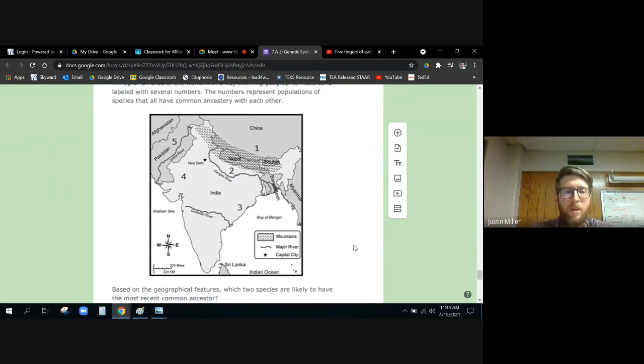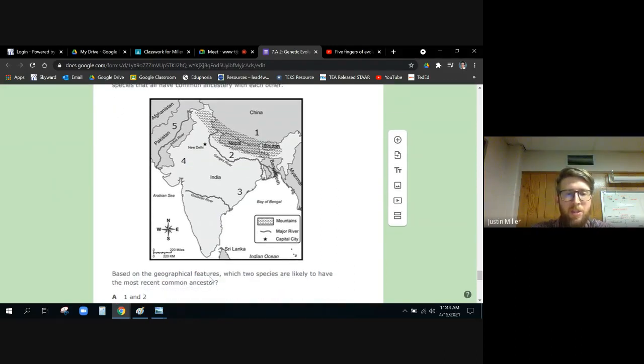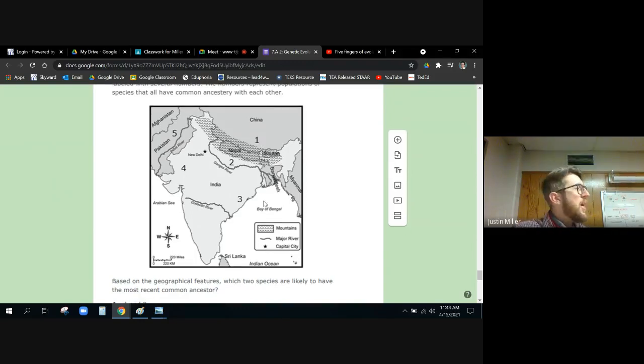All right. Based on the geographical features, which 2 species are likely to have the most recent common ancestor? Of course, there's no way you can know for sure, but just based on this picture, which one is most likely to have the most recent common ancestor? It's going to be whichever species are not divided by a big geographic boundary, like a mountain range or a river or an ocean. 1 and 2 have mountains.